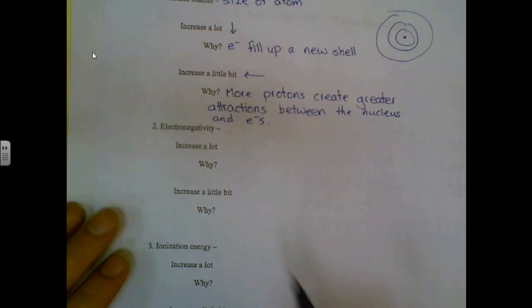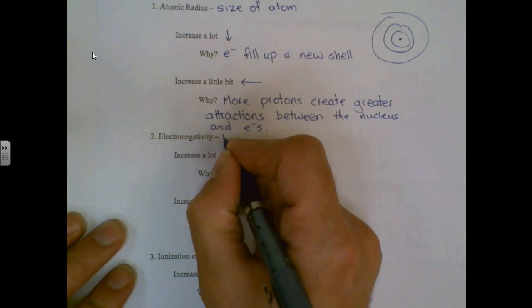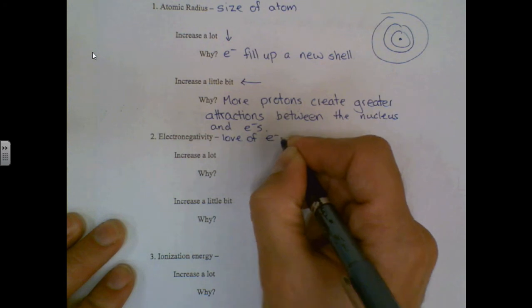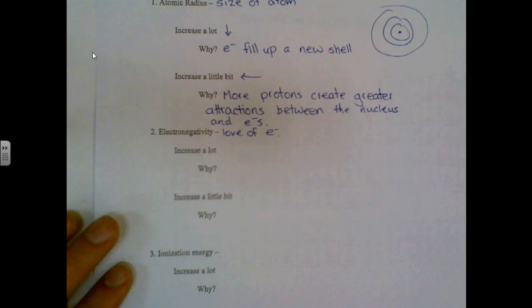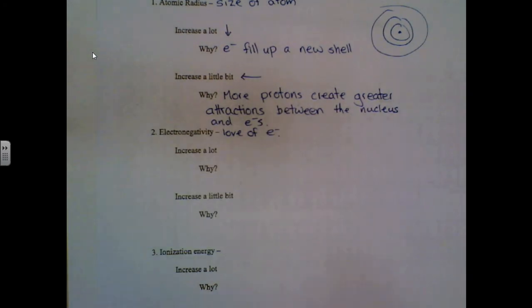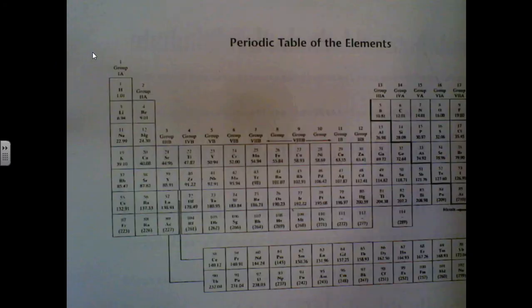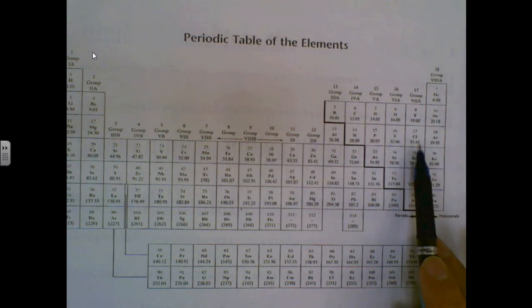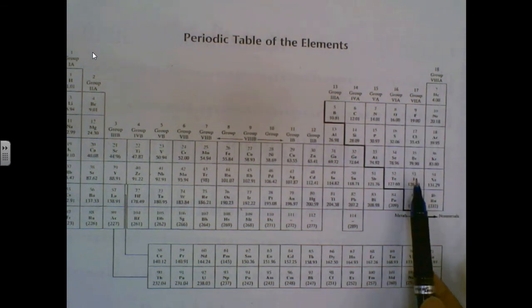Alright, electronegativity literally means love of electrons. We want to know which atoms want electrons more, the ones on the left of the periodic table or on the right. Well, let's consider group 17 here with fluorine, chlorine, bromine, and iodine.